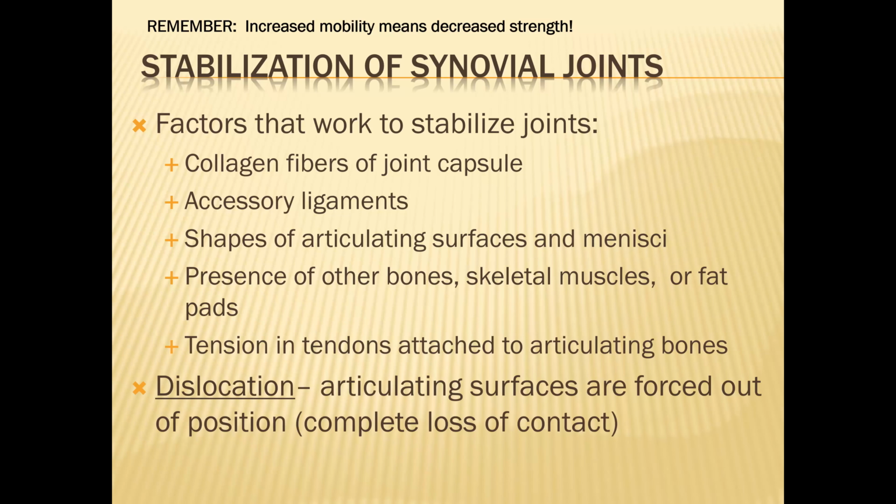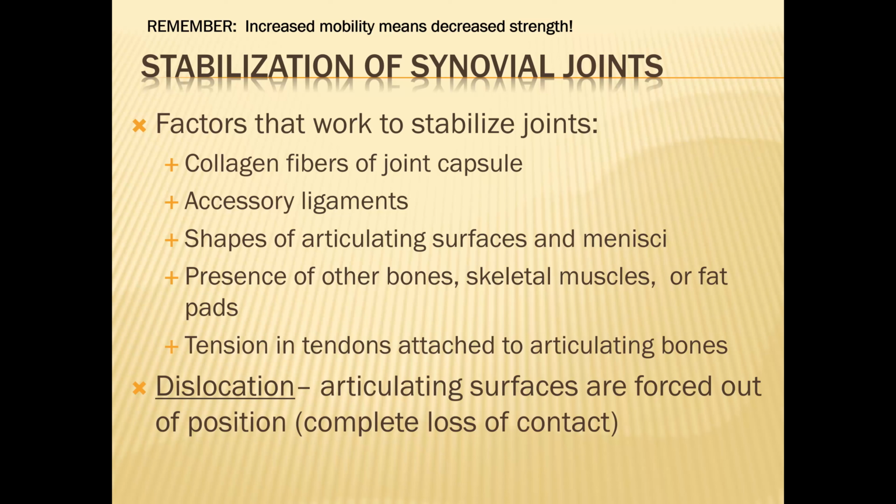And then a couple of terms to know. If all of these factors don't work, and a synovial joint is stressed to the point that the articulating surfaces are forced out of position and you have a complete loss of contact between those two bones that were forming that joint, that is called a dislocation.